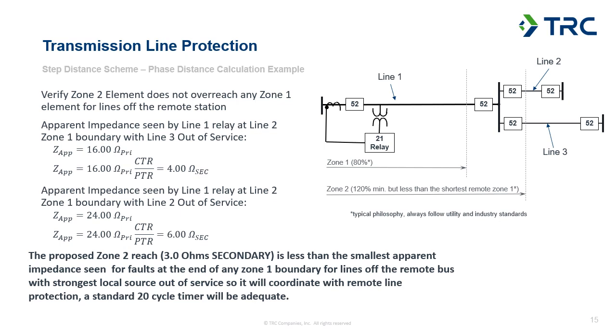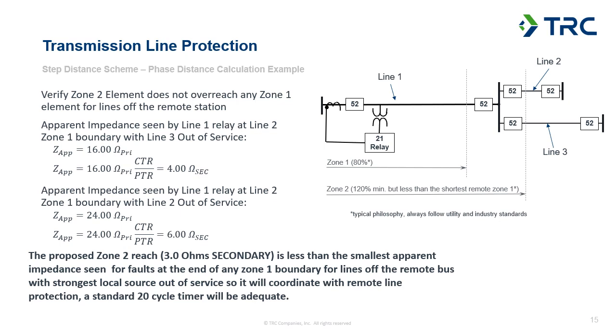So one of the checks we'll typically do as part of our settings evaluation is run faults on those lines and verify at the boundary of the remote zone 1 what impedance the relay we're setting will see and if it's going to trip for that or not. So the way we go about doing that is generally using Aspen.